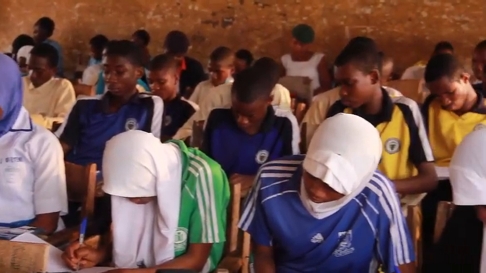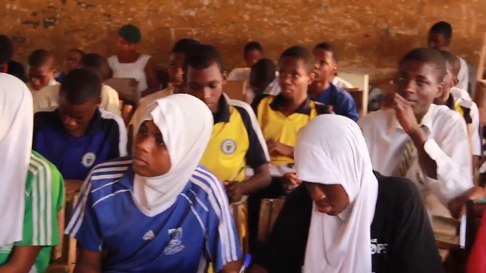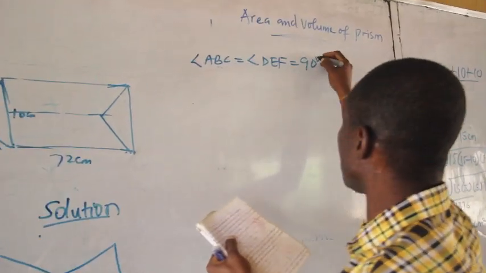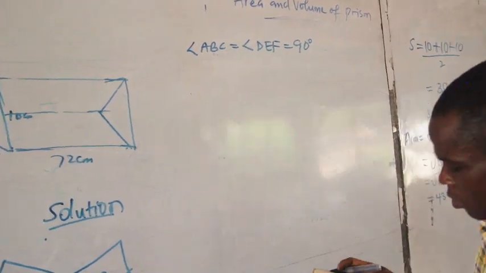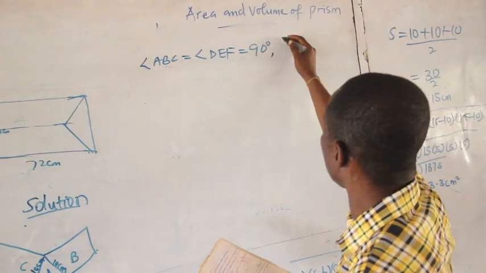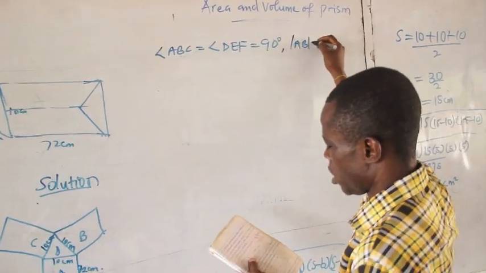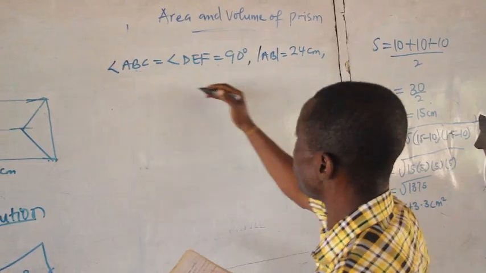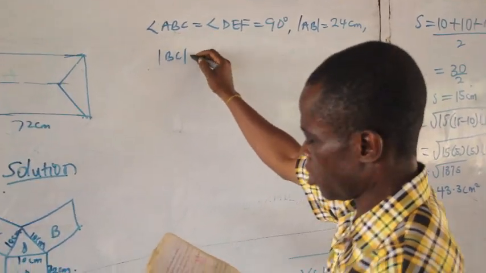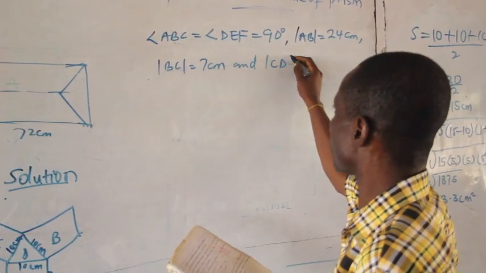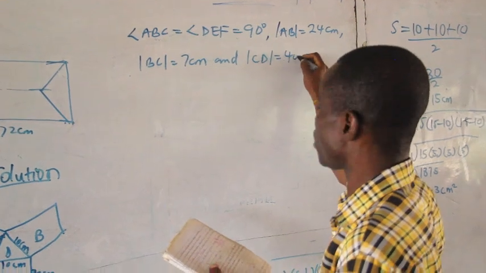Angle ABC is equal to angle DEF, which is equal to 90 degrees. AB is equal to 24 centimeter. BC is equal to 7 centimeter. And CD is equal to 40 centimeter.